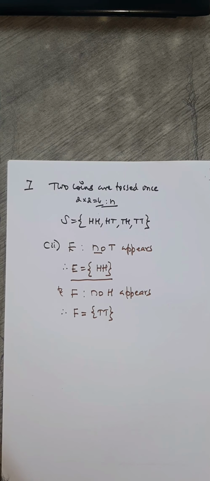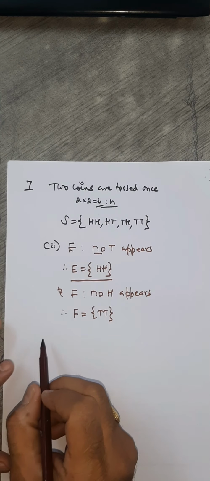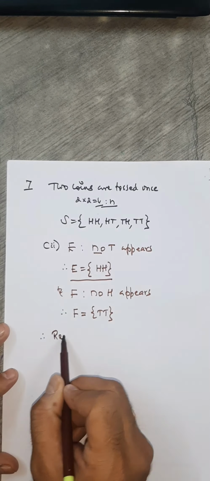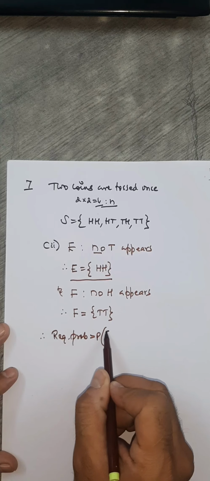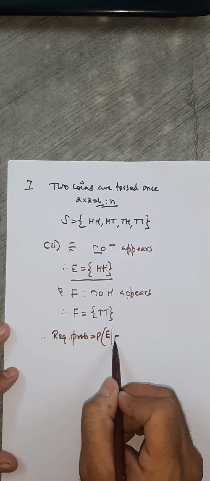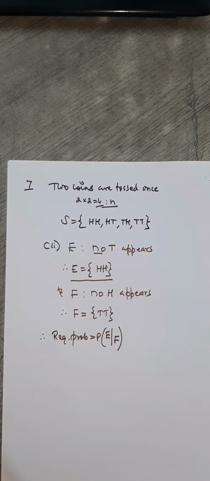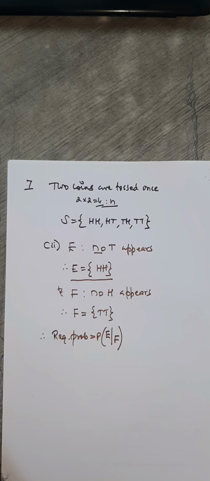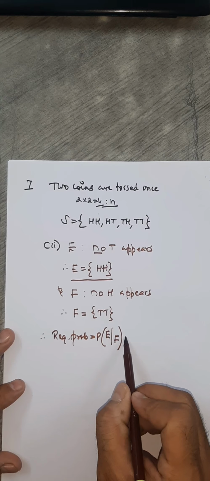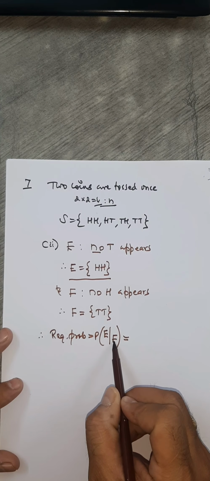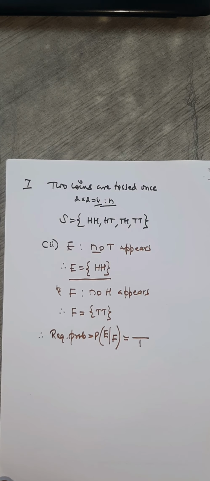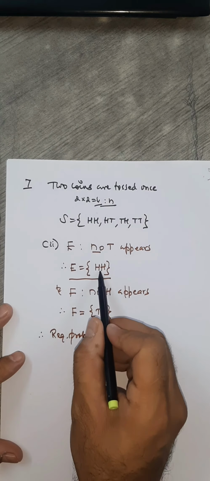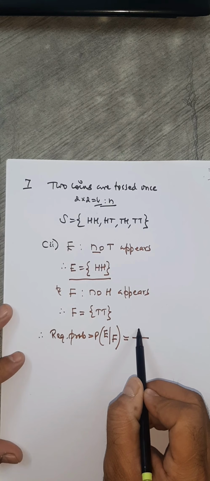So what do you want here? The question is a conditional probability. Therefore the required probability, that means this is what you are asked, is the probability of E given the event F. So F becomes the sample space. Total outcomes in the sample space, 1. What's the numerator? Is there anything common in these 2?